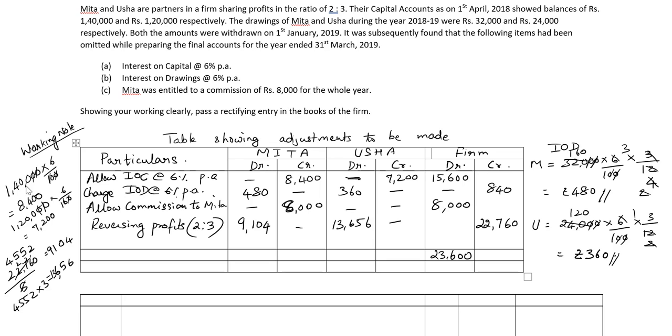The next step is to find the total. Total for Meeta debit 9,584. Total for Meeta credit 16,400.